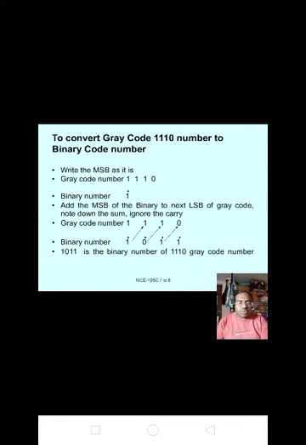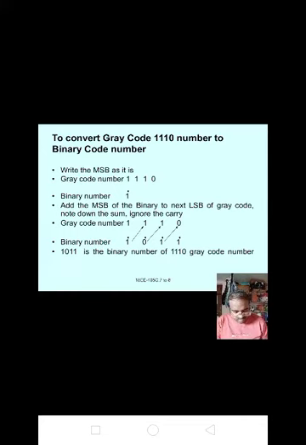Next, gray to binary code conversion. Here we write the MSB bit as it is. That answer is added to the next given bit. 1 plus 1, it is 0. 0 plus 1, it is 1. 1 plus 0, it is 1.